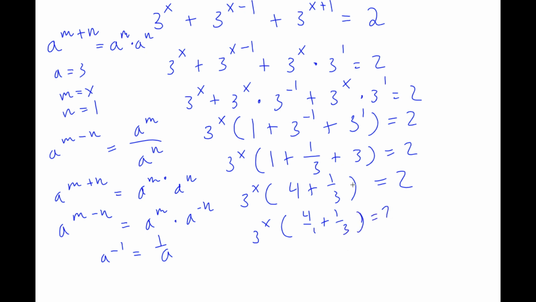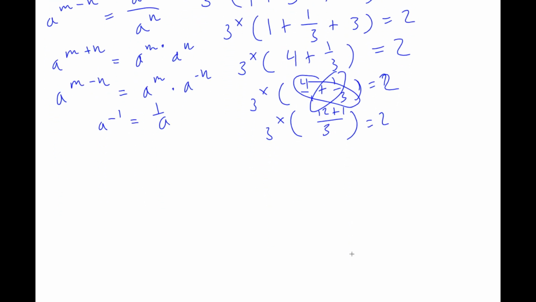And now we can use cross multiplication. So I will have 3 times 4, which is 12, plus 1 times 1, which is 1. This is equal to 2.